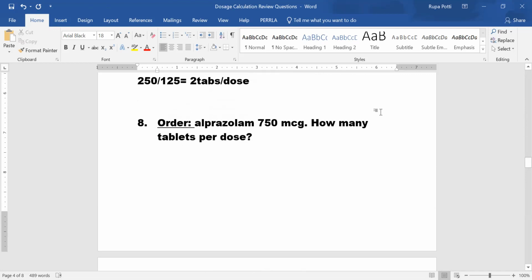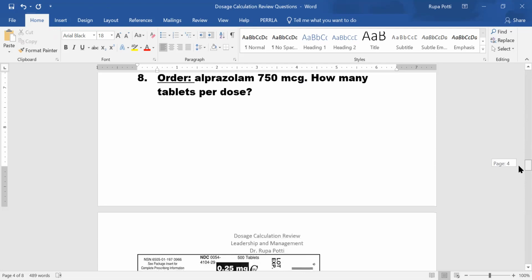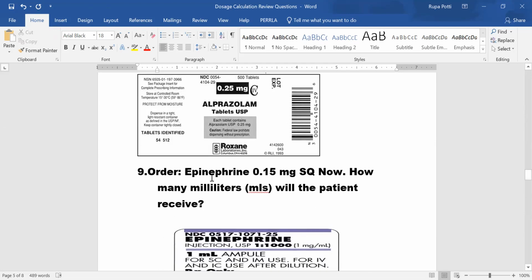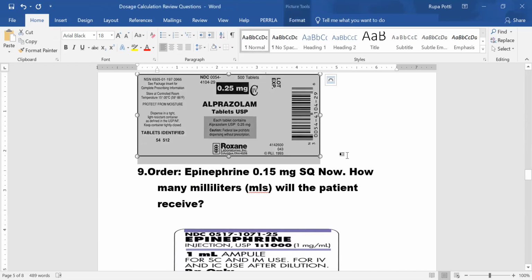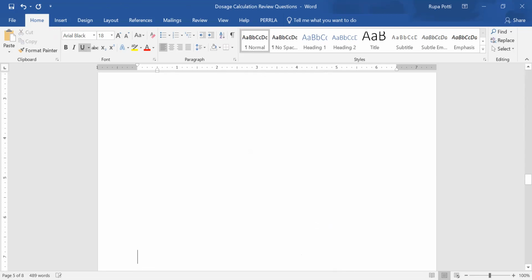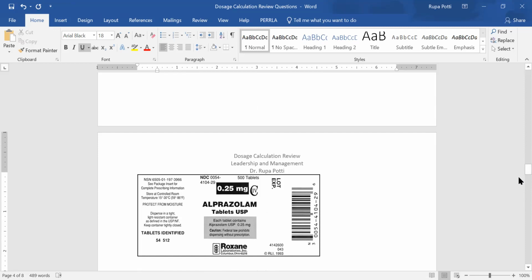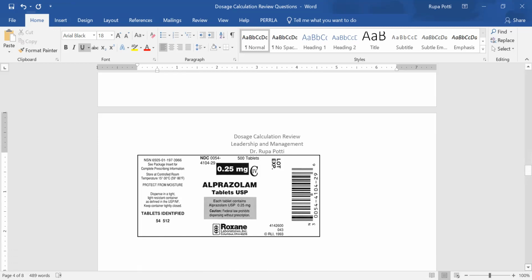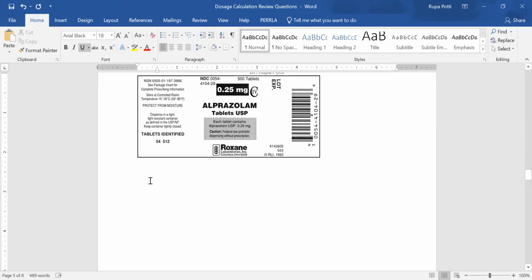And we need to give 750 micrograms. I'm going to use the same acronym that I used, because that is the way I keep my things organized, and I'll be able to remove the fluff if there is any.